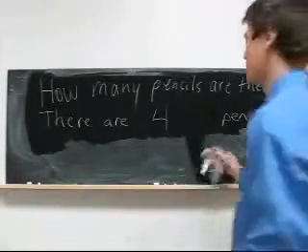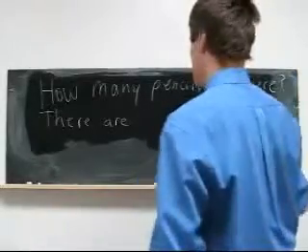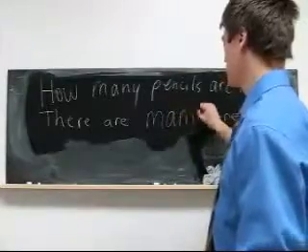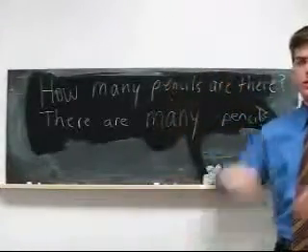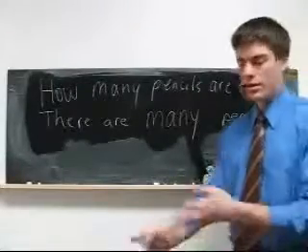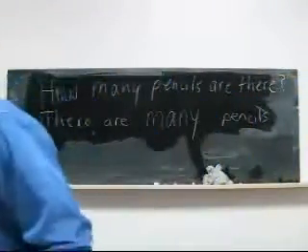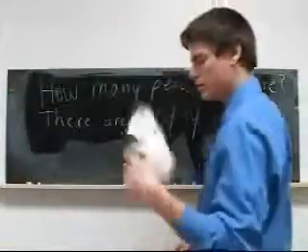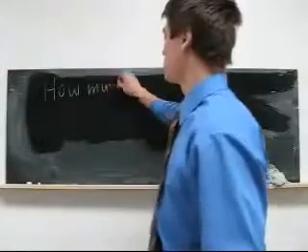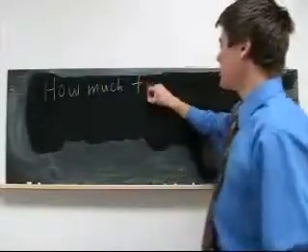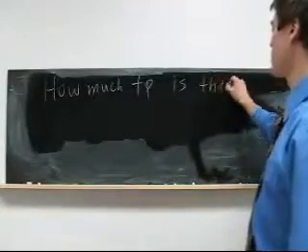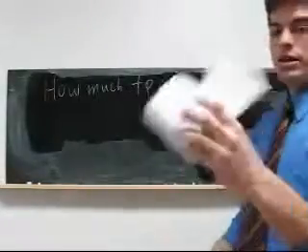You can also say there are many pencils. Okay, so let's do this one, for example, the toilet paper one. How much toilet paper? I'll go TP for toilet paper.